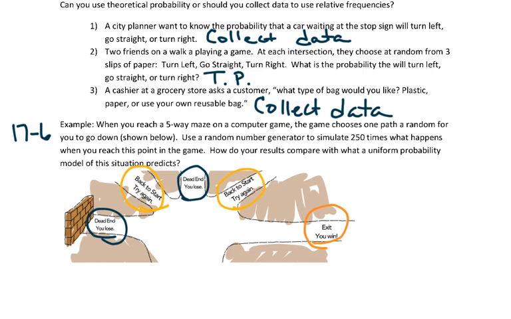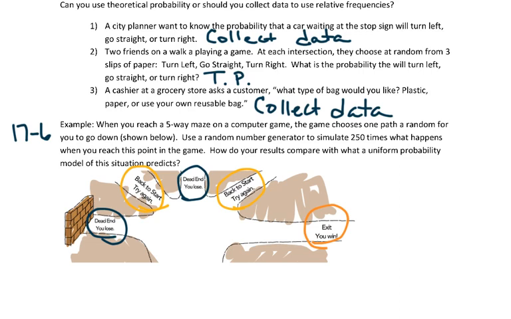According to theoretical probability and a uniform probability model saying that each of those paths is equally likely, you would have a probability of 40% when you lose, 40% to start back at the beginning, and 20% chance of winning.